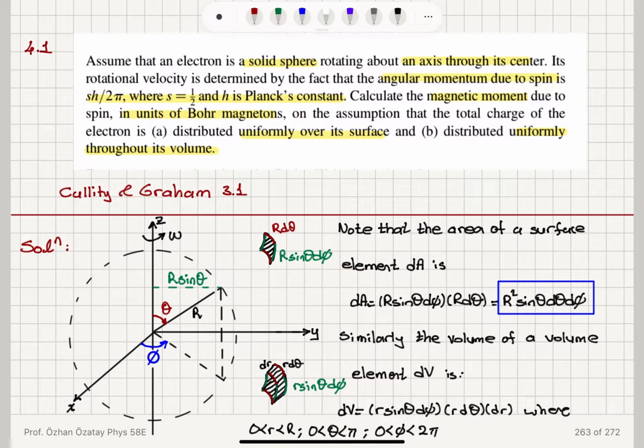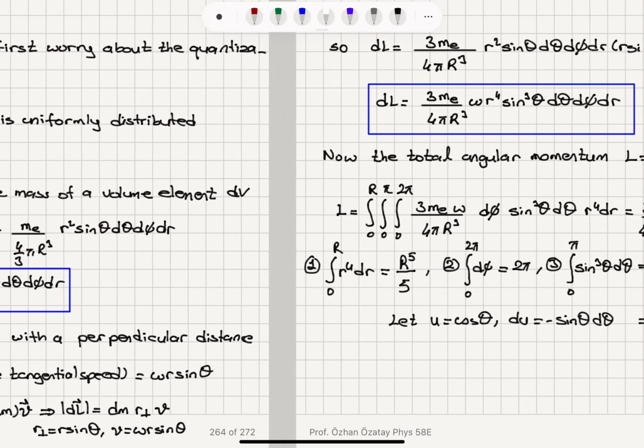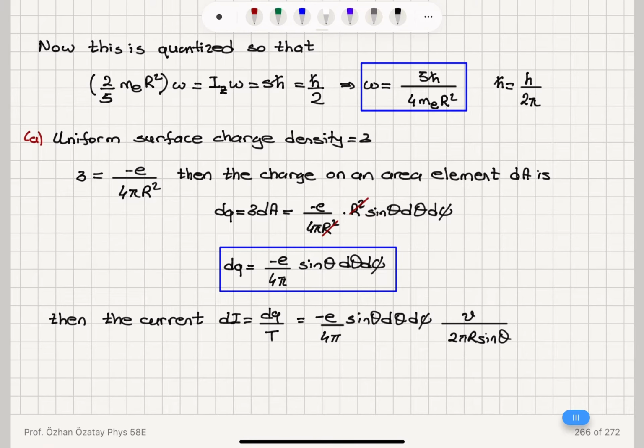So we have this charge element moving on this circle with radius capital R sine theta, completing it in one period. Therefore, it moves the circumference of this circle, 2 pi R sine theta, divided by T, which is our tangential speed.